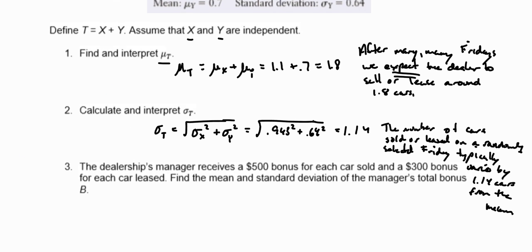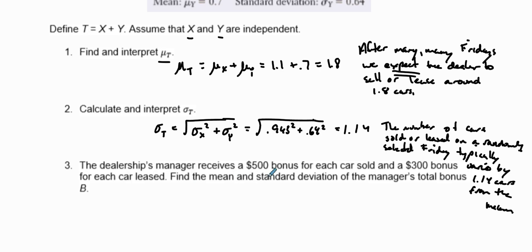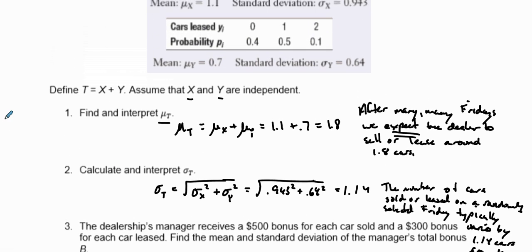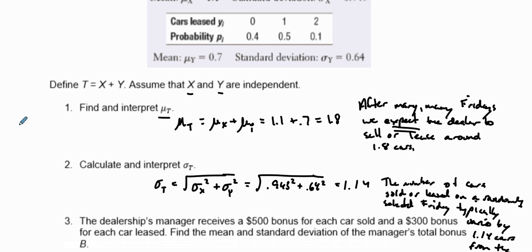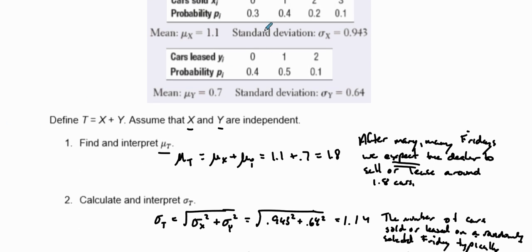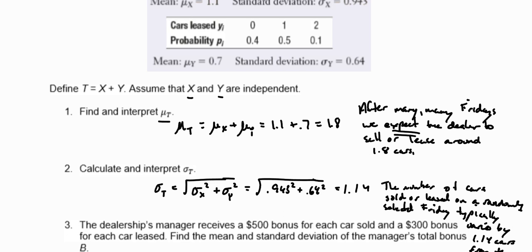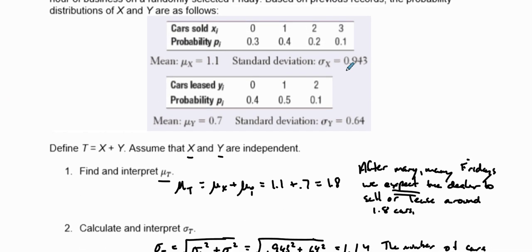Now the dealership manager receives a $500 bonus for each car sold and a $300 bonus for each car leased. Find the mean and standard deviation of the manager's total bonus. From here, we're going to change up the values we're taking. For the cars that are sold, we're going to be multiplying by 500.